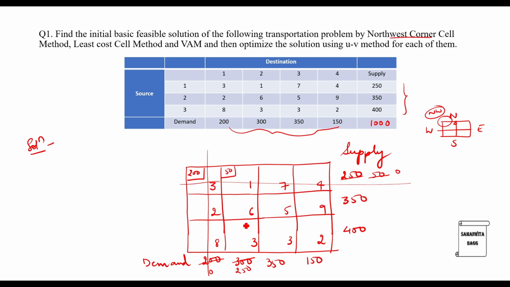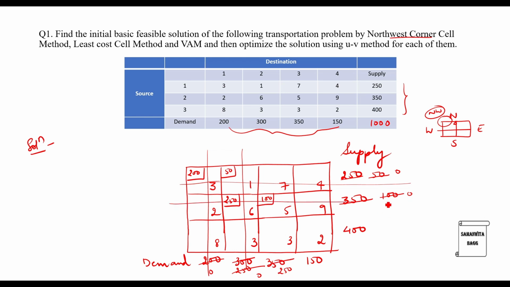Next comes this cell which is most towards the northwest. Check the supply, it is 350, demand is only 250. So I will satisfy the demand. This will be 100. Since this is 0, the column will again get cancelled. Now this cell is the most towards the northwest side. Supply is 100, demand is 350. The maximum that we can provide is 100. This will become 250.